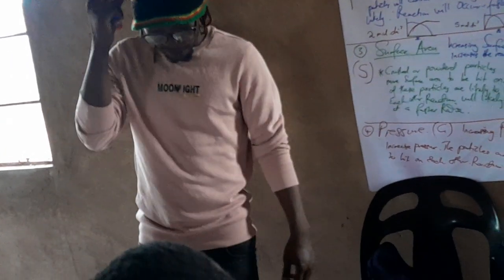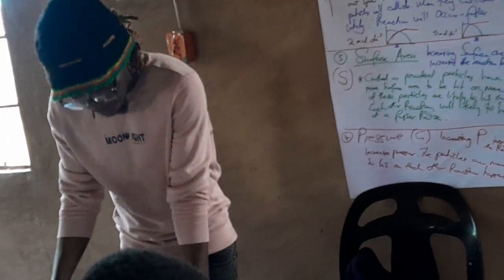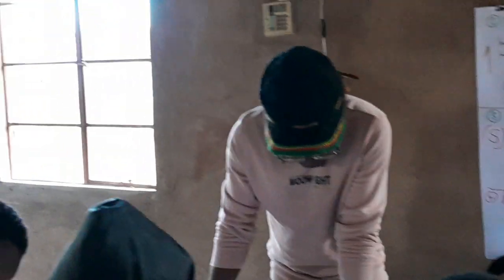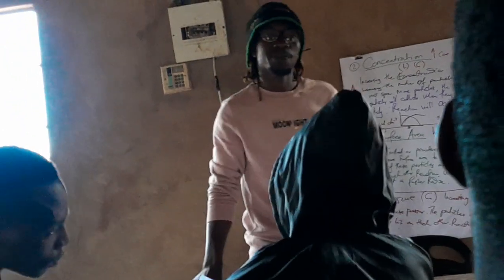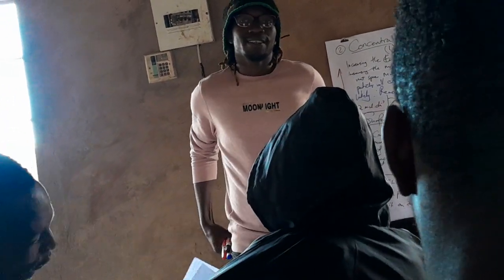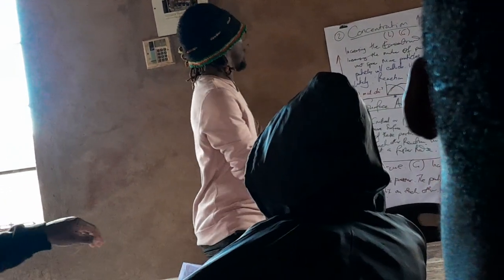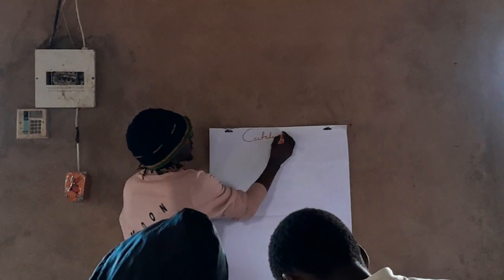So now let's talk about catalyst. What is a catalyst? Speeds up chemical reaction. So what does it do? It speeds up chemical reaction. So maybe let me just talk about it, right? Catalyst. What is a catalyst?